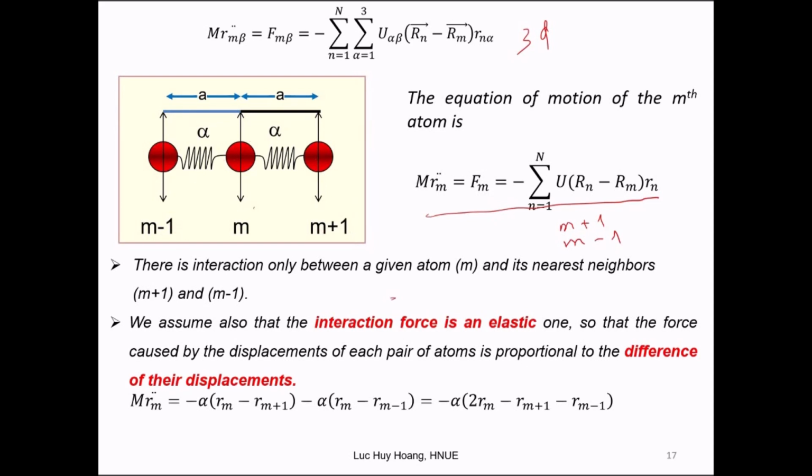The locations of the two nearest neighbors are the same distance away, so they should have the same elastic force. You remember the spring here: because of the same distance, the spring has the same constant. The constant here we denote alpha, so alpha is the same for the system.